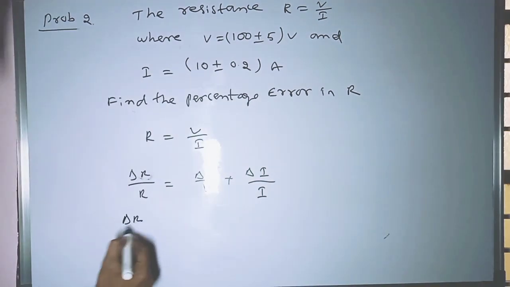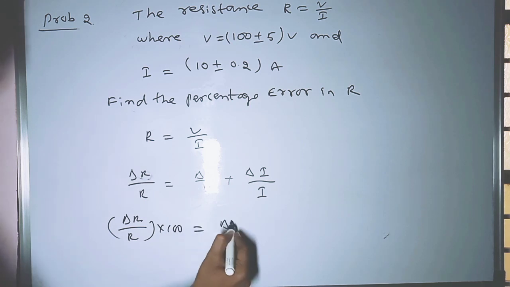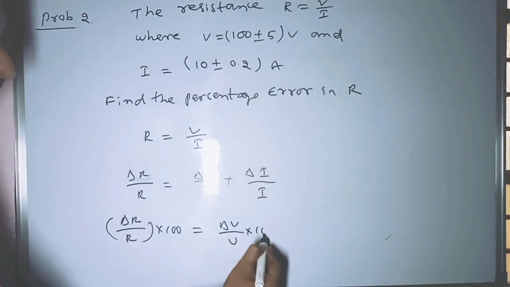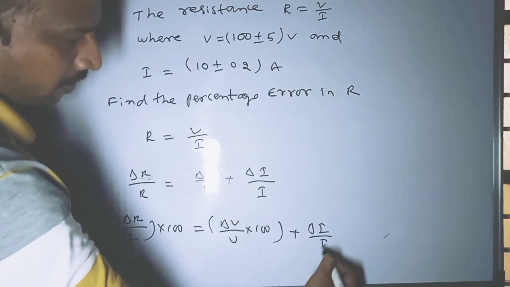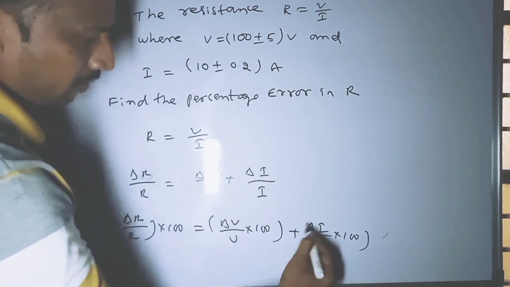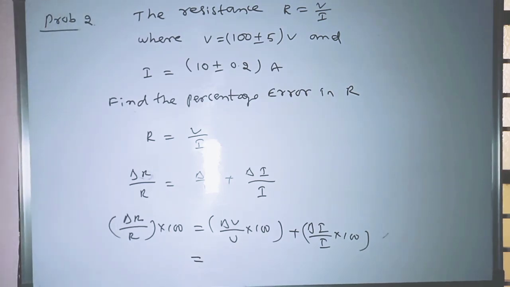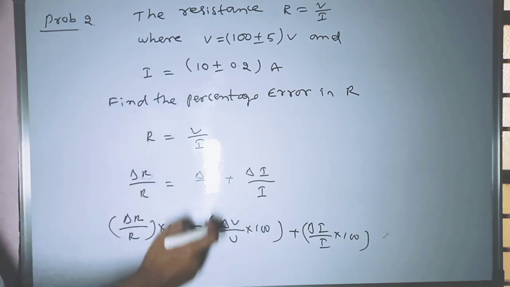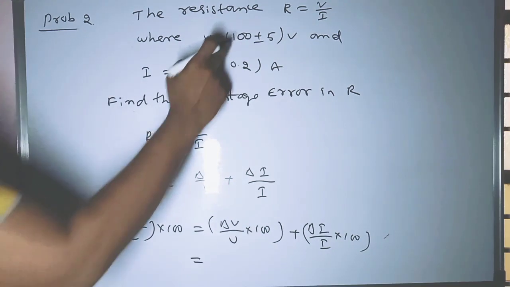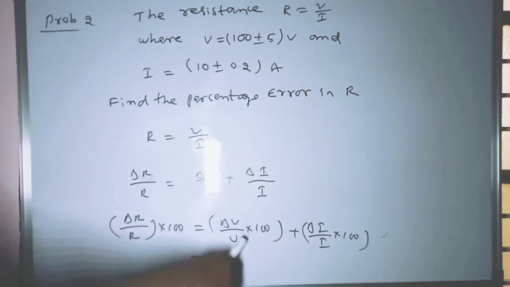So delta R by R into 100 is equal to delta V by V into 100 plus delta I by I into 100. We want the percentage error only.